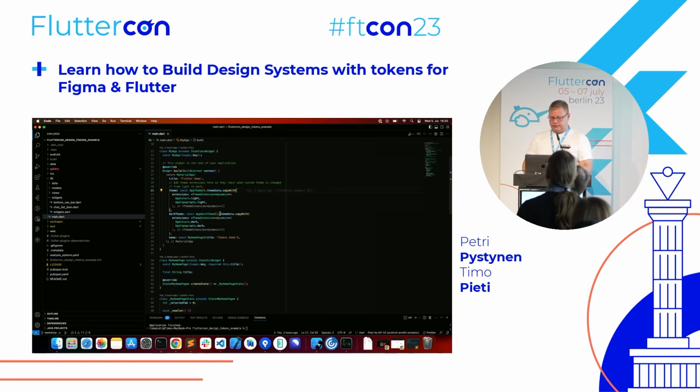In this example, I wanted to use the Material theme and bring some extensions to it, so we can use the Material theme and our custom styles and design combined. In this example, we have done this for colors and textstyles, and this is the most important part, that we have created this app theme and app dark theme that are extended with these values. But I will go through a little bit later how I use those, how I do this theming.